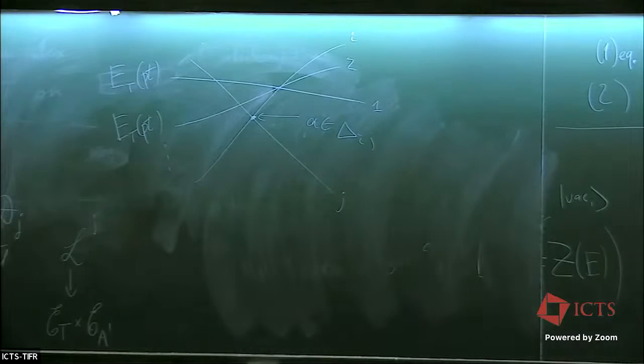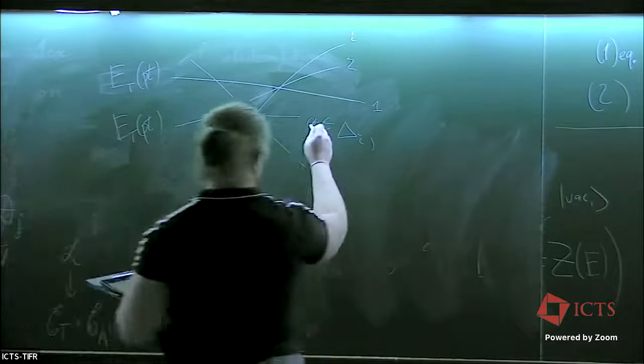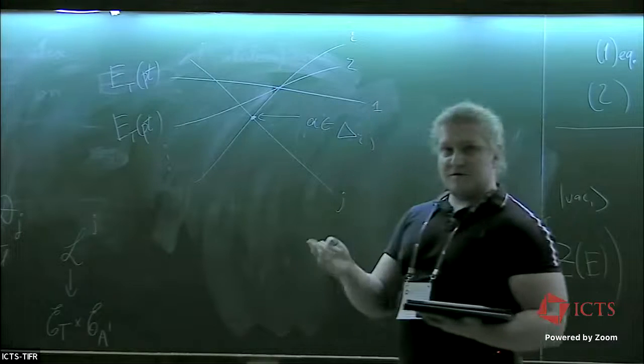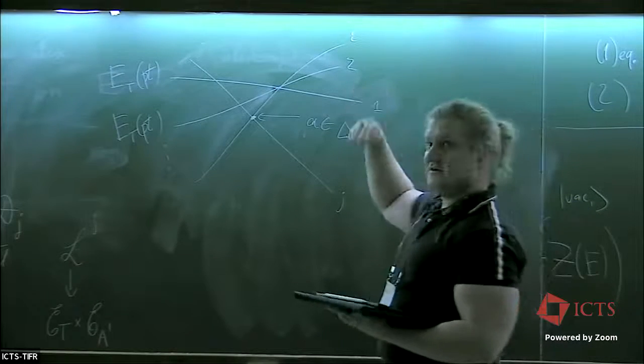So this is where for such values of flat connections, the vacua I and J start talking to each other.